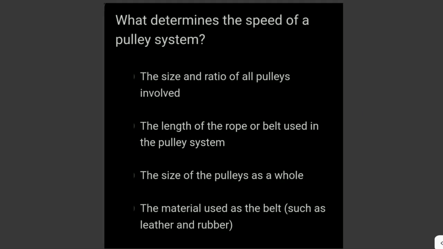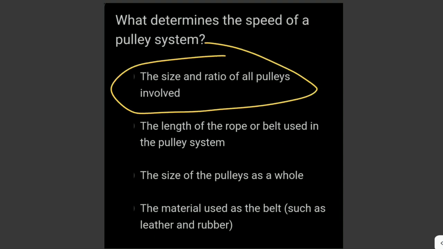What determines the speed of a pulley system? The size and ratio of all pulleys involved, the length of the rope or belt used in the pulley system, the size of the pulleys as a whole, or the material used as a belt, such as leather and rubber. The answer here is this one: the size and ratio of all pulleys involved.